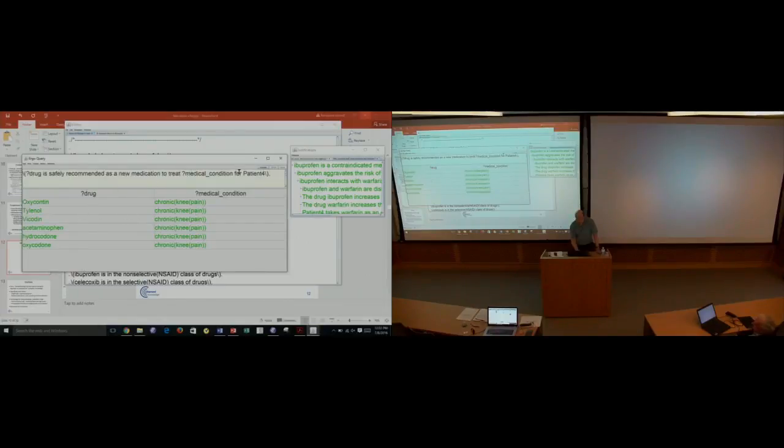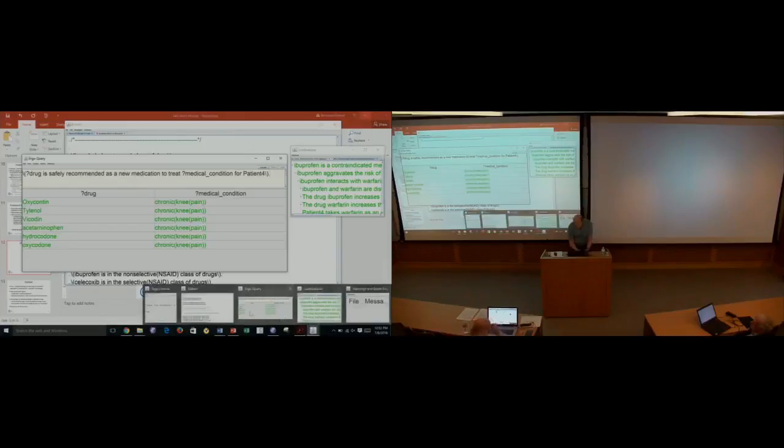We might then amend the query and say, and it's not an opiate. What you want to do is empower users, both the staff and the patients, to do these things. And again, we can look at the explanations, and basically this is because it's used to treat it, and it's not contraindicated. Hopefully this gives you some feeling for the capabilities in the system.